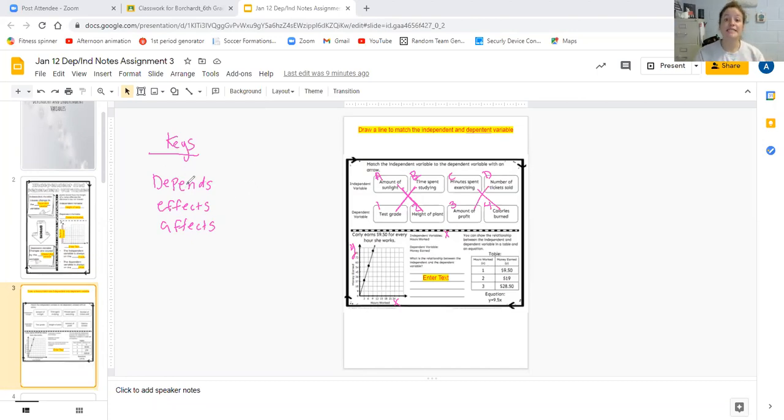So if we use the word depends, we have to put our dependent variable first and then the word depends followed by our independent variable. If we use one of the words affects or affect, we would put our independent variable, one of those keywords, and then our dependent variable. So go ahead and give that a shot. In the chat, type me a sentence of that relationship between the independent and dependent variable. Go.